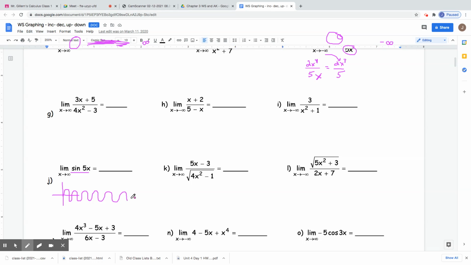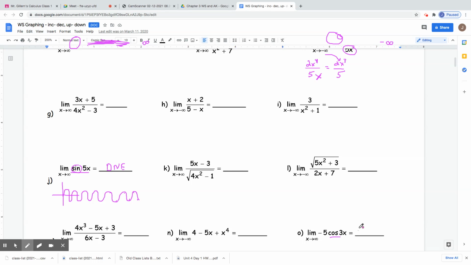So as x goes to infinity, as I go to the right, is it ever approaching the same y value? No, it goes up to the top, then it goes to the bottom, top, bottom, top, bottom. So if there's no limit, we say the limit does not exist, D and E.